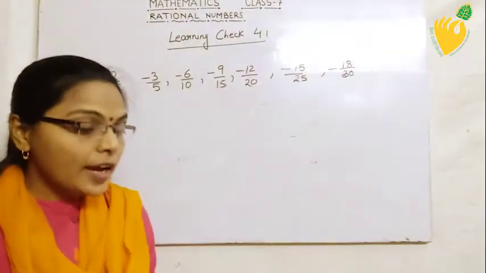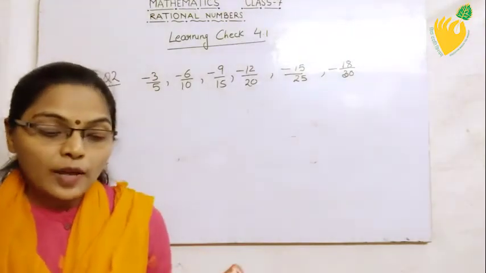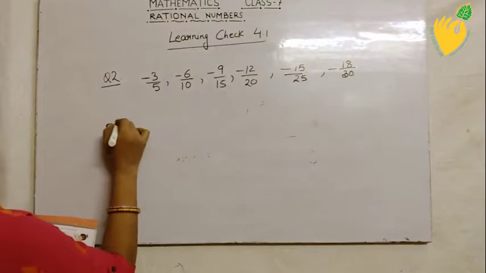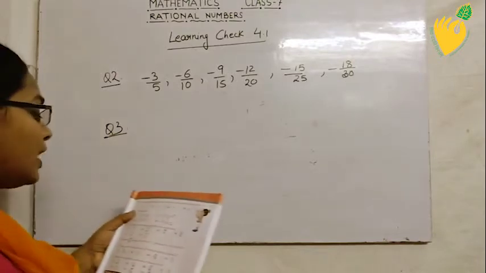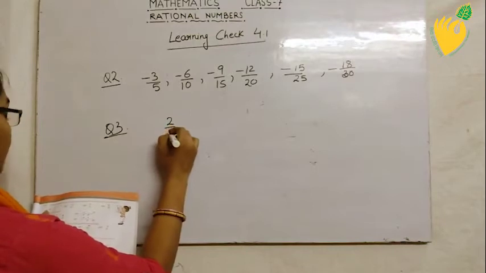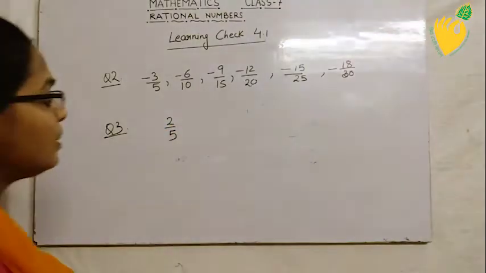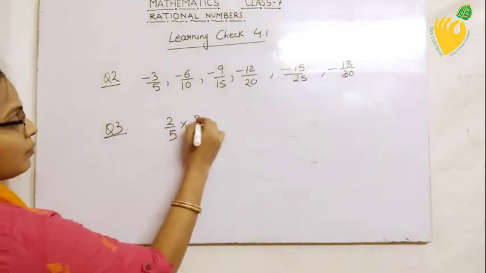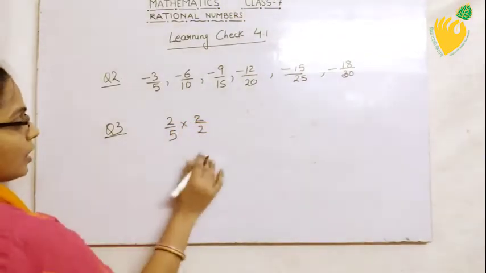Next students, find 5 rational numbers equivalent to each of the following rational numbers. Question number 3. Find 5 rational numbers. I am taking only the first one. You have to find 5 equivalent rational numbers. You can multiply it by 2 upon 2.